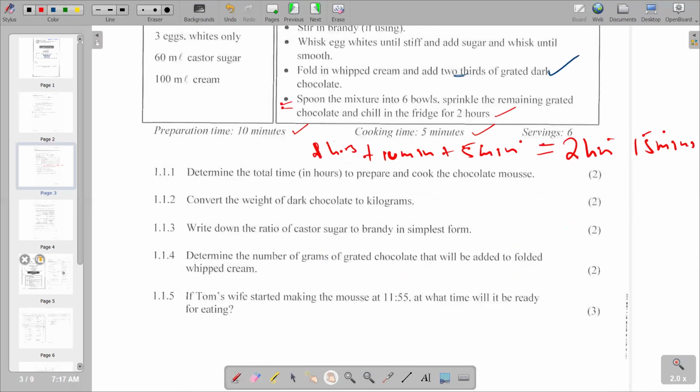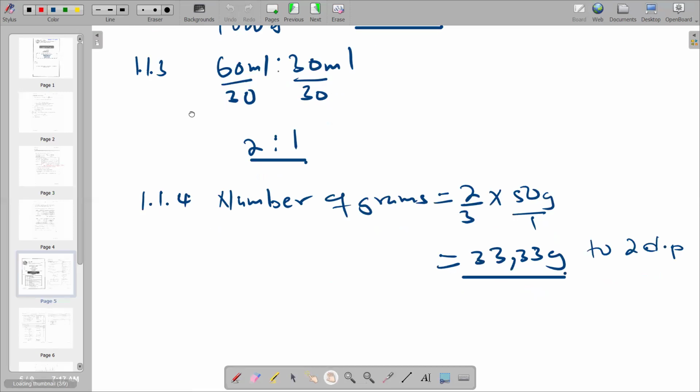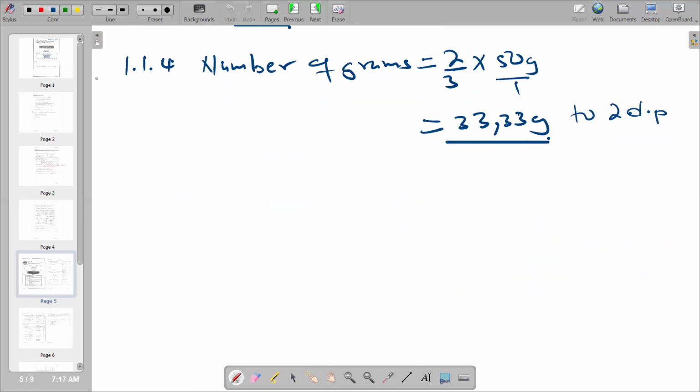So we're going to say we have 11:55, and then we add 2 hours, 15 minutes, and see what we get.